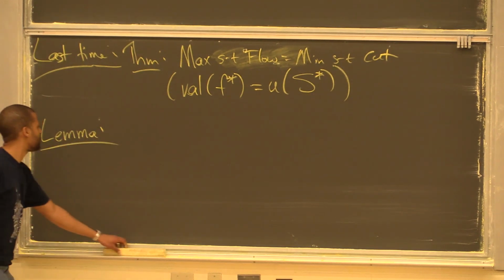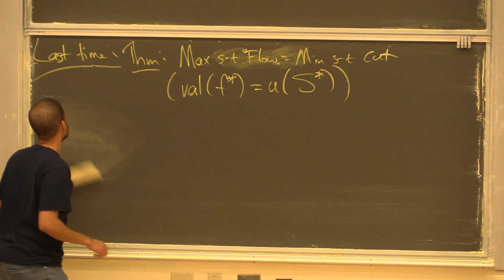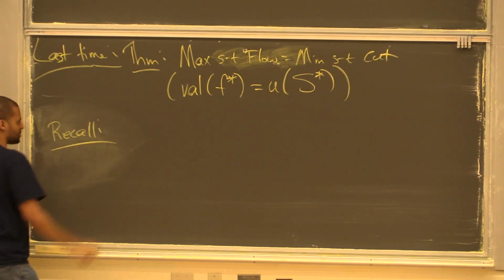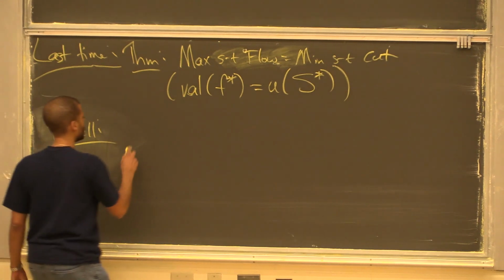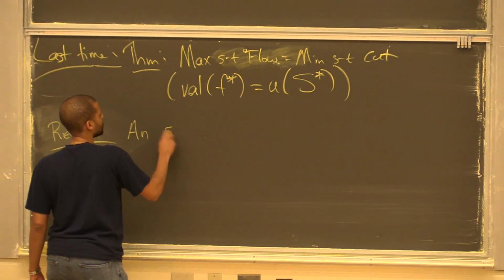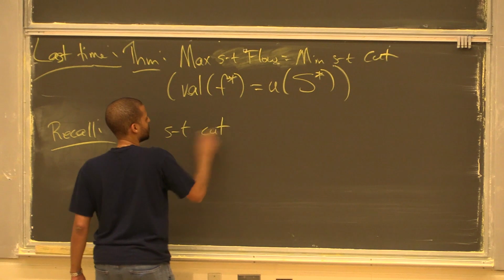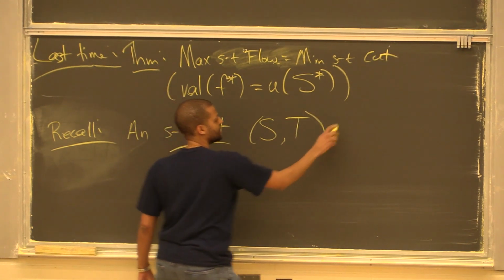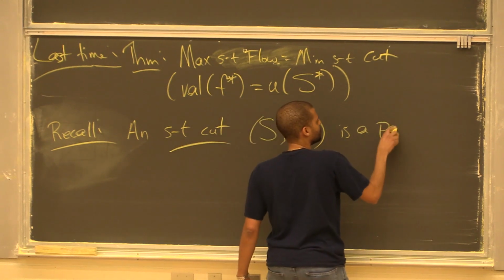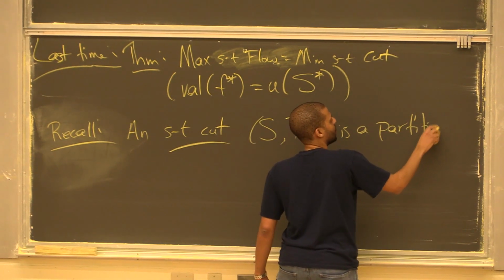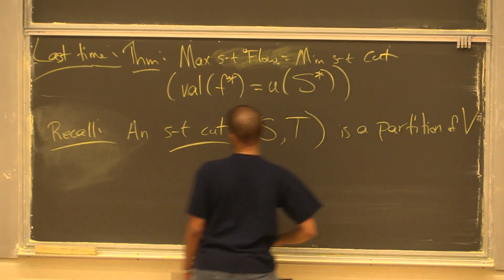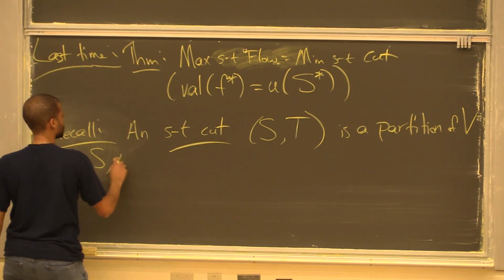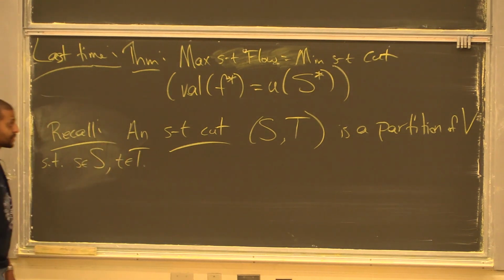And recall, before I write down the lemma and the proof, just recall an ST cut, capital S, capital T, is a partition of the vertices such that little s is in capital S and little t is in capital T. Okay?